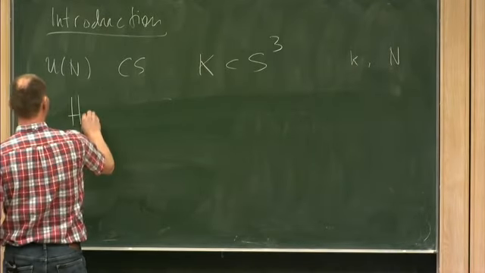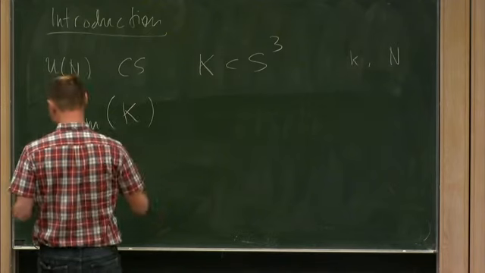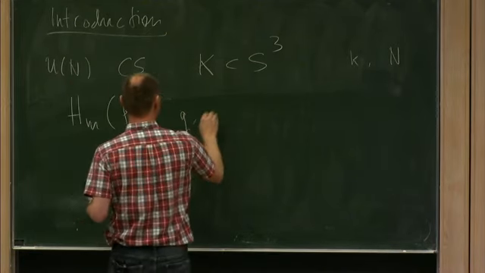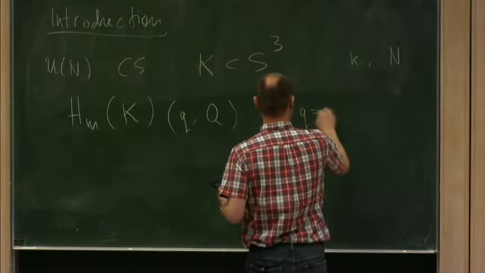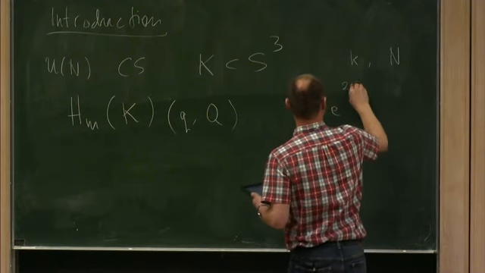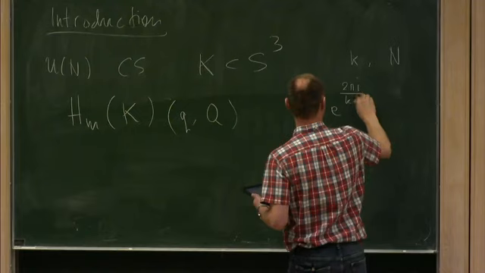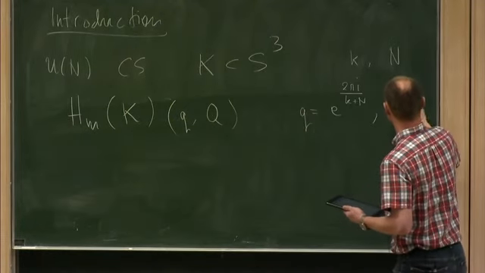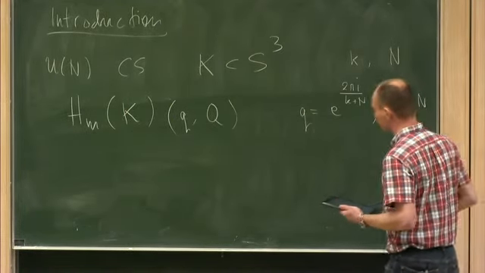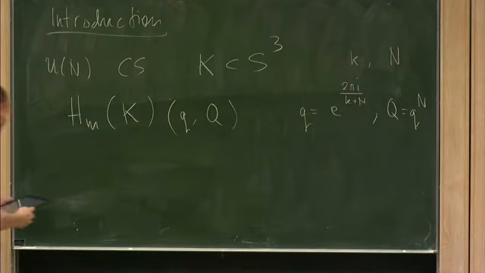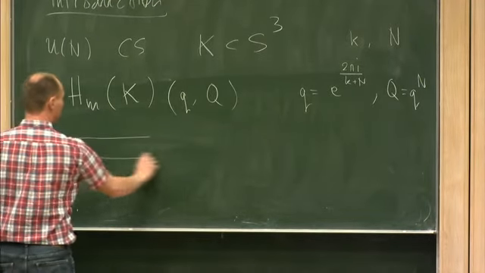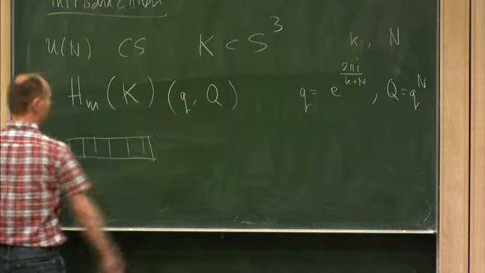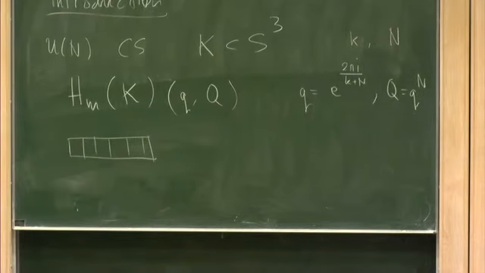So maybe H_m(K) is a function of little q and capital Q, where this little q is equal to e to the 2 pi i over k plus n, and the capital Q is equal to little q to the power n. And the mth colored HOMFLY here is referring to the mth symmetric representation with m boxes like that.